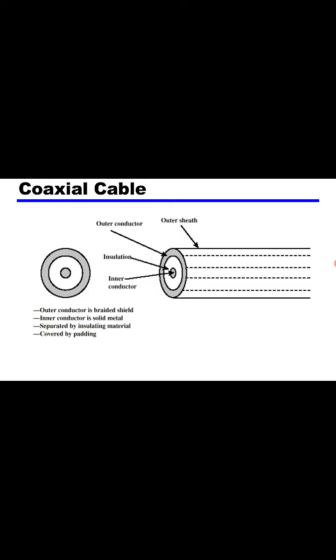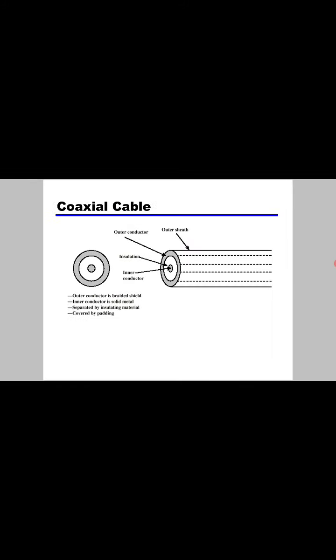So this is the diagram or structure of a coaxial cable. The inner layer contains the inner conductor, and above that is insulation made of insulating material. Above that the outer conductor is there, and above that the outer shield is covered.